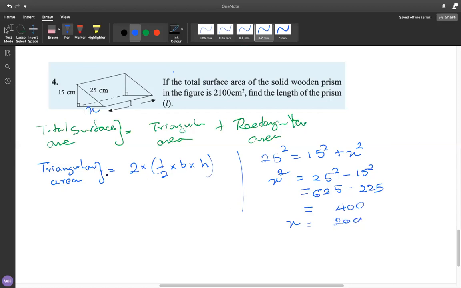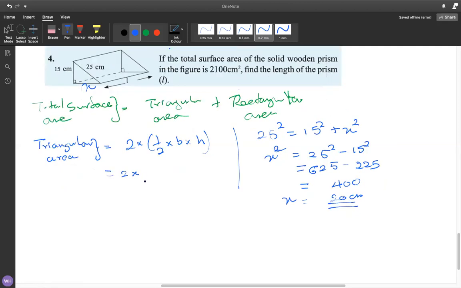So you can find it: 2 times half, the base we found as 20 and the perpendicular height as 15. Simplifying, the 2 and the half cancel. So 20 times 15 gives 300 square centimeters, which is the triangular surface area.